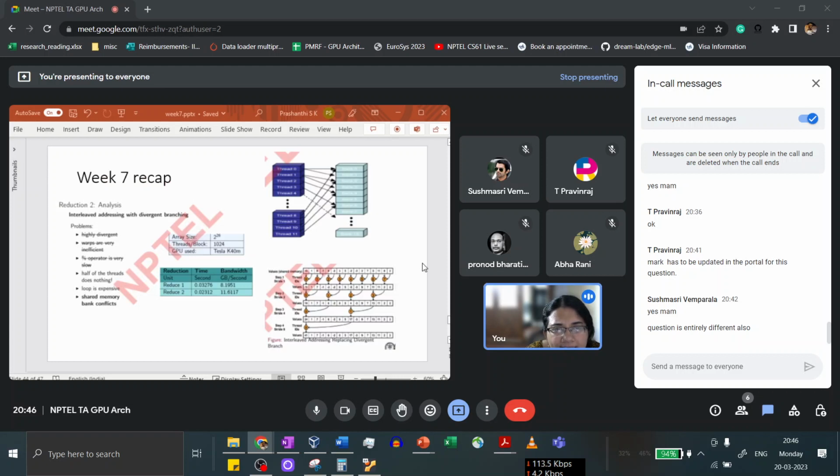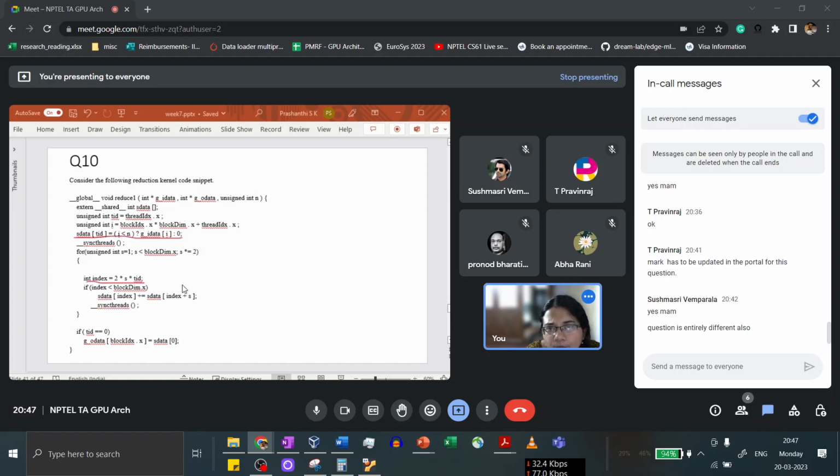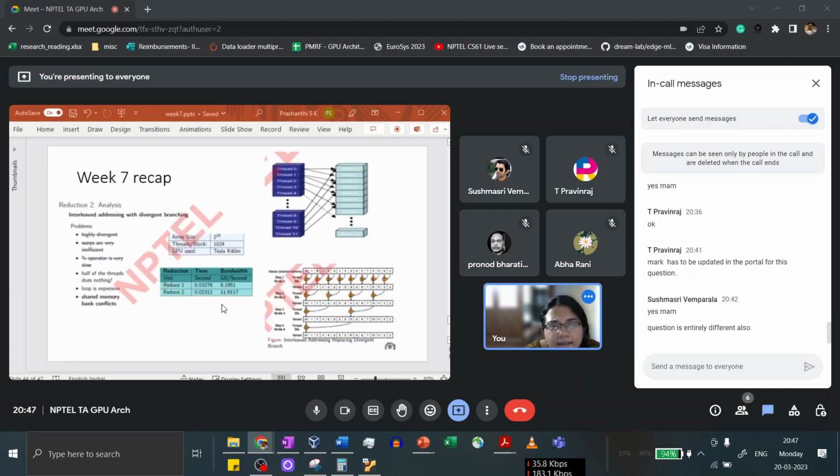If you see the way the code is written, the modulus operation that was there is changed to this, right? Index less than blockDim.x, sdata[index] += sdata[index + s]. Now because of this, there is no longer a divergent branch here. So that first problem is eliminated.